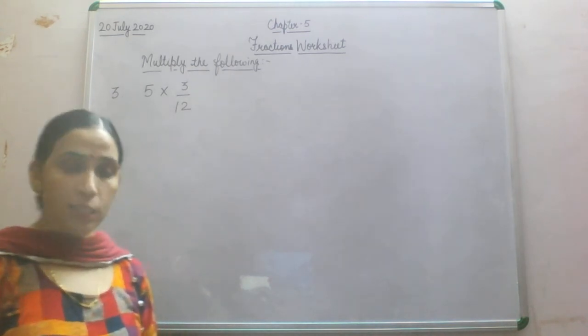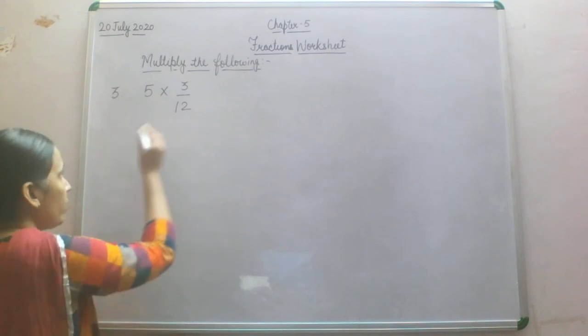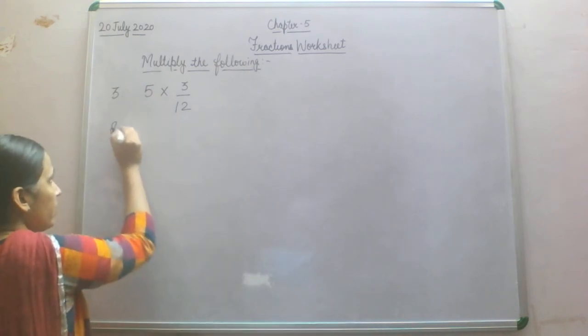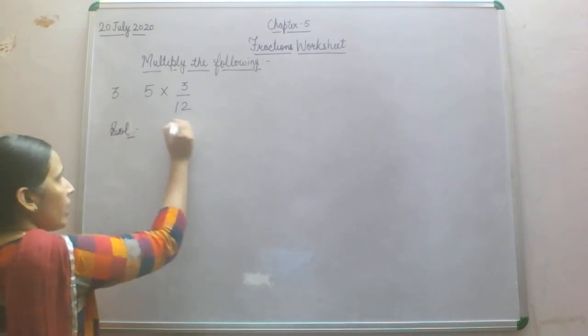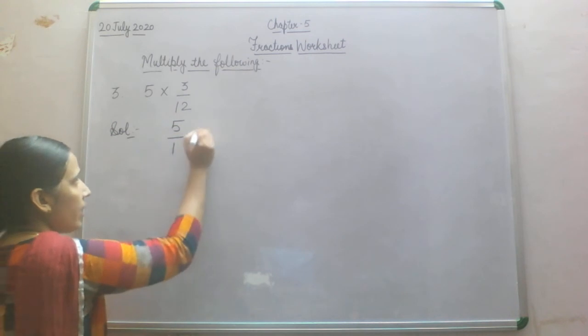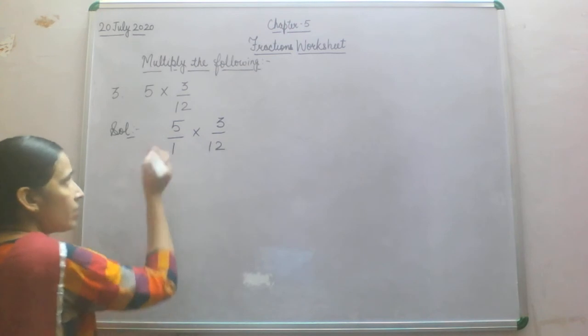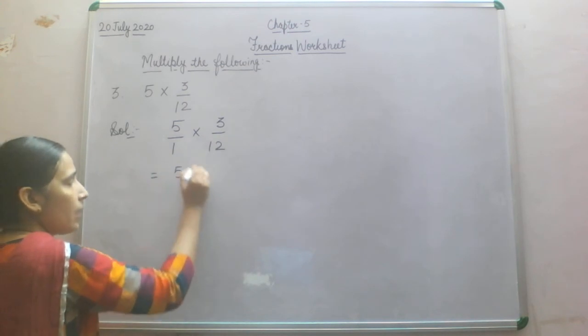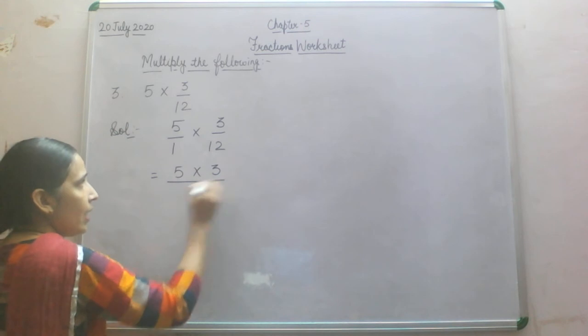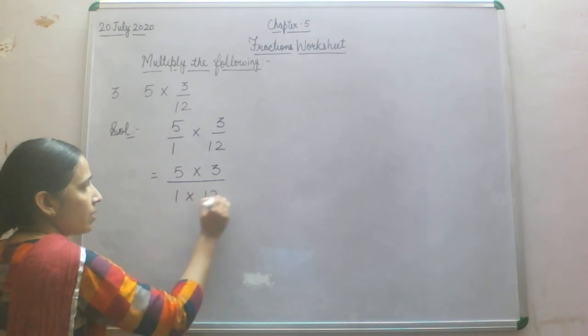So let's start this question. What we have to do in this question, the first step is the same. We are going to write 1 in the denominator and then we will multiply by 3 by 12. Now the second step, we are going to multiply the numerators and then we will multiply the denominators.